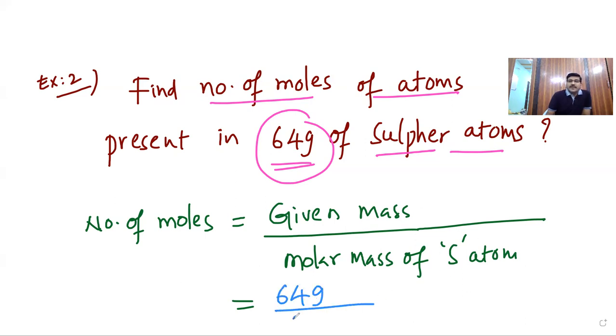Molar mass of sulfur is 32 grams. So, if I simplify this, 2 moles. The given 64 grams of sulfur atoms will be equal to 2 moles. Observe carefully: sulfur has 32 grams as the molar mass. Is it clear? So you have to be very careful about these.